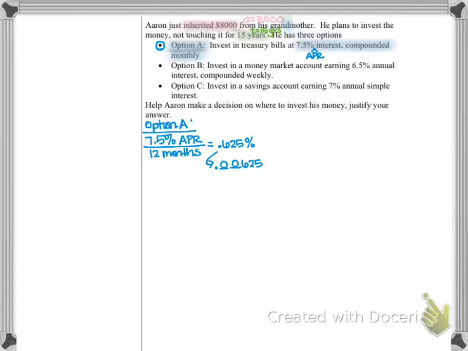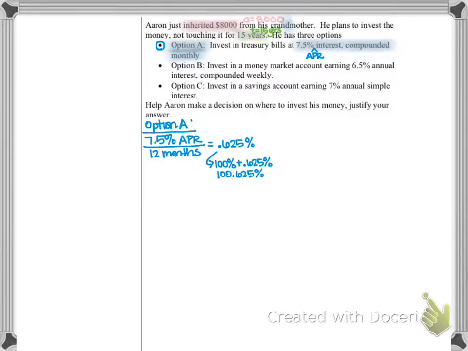Now we need to, oh, I think I jumped the gun actually. Let's go backwards. I think I want to include this as my rate now. I apologize. We want to do 100% plus that. Got ahead of myself. Okay, so that's going to give me 100.625%.